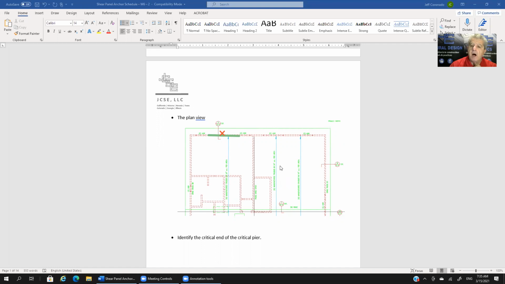Then we also want to look at shorter piers that have the least amount of weight on them, because weight resists uplift, right? So the more weight on that pier, the more chance that it's not going to have critical uplift. Our most critical situations that we need to be aware of is where we have shorter piers with lighter loading.